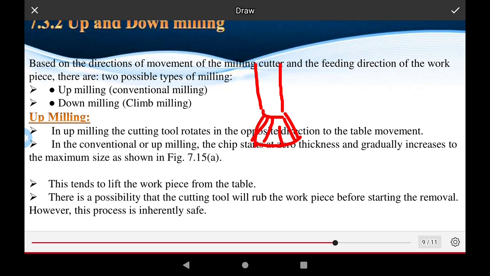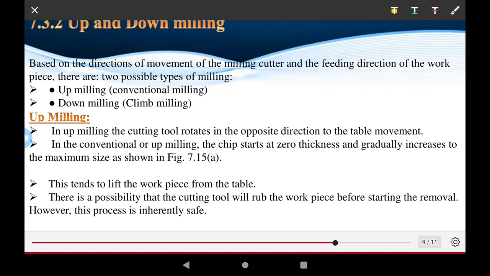Okay, and the tool moves from this direction, and it performs the cutting operation, and the table movement is in this direction. Okay, this is the table movement and this is the tool direction. Okay, and these are opposite directions, and in this conventional or up milling, the chips start at zero thickness.